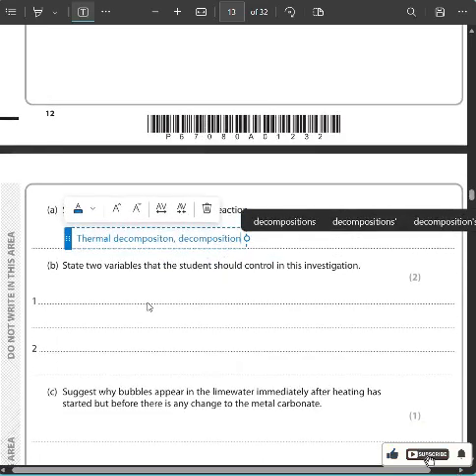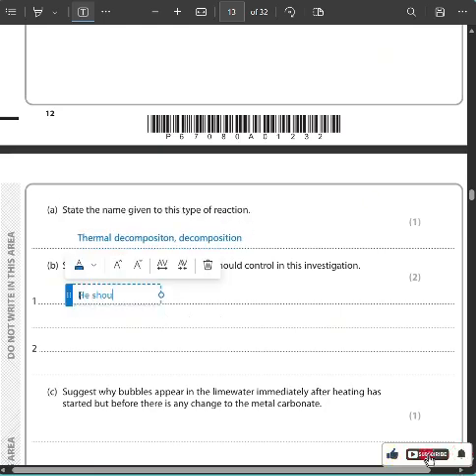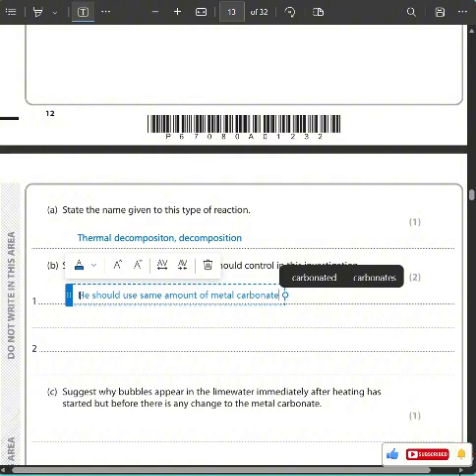State two variables that the student should control in this investigation. He should use the same amount of metal carbonate, because if he uses a different mass or different size of metal carbonate, the experiment can't be fair.